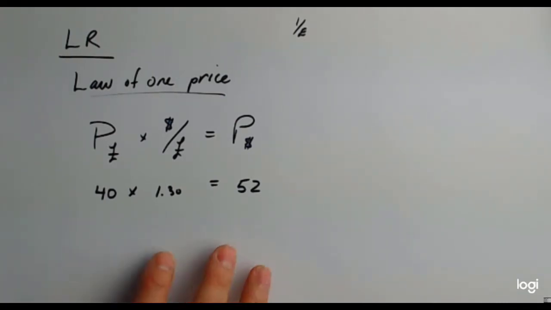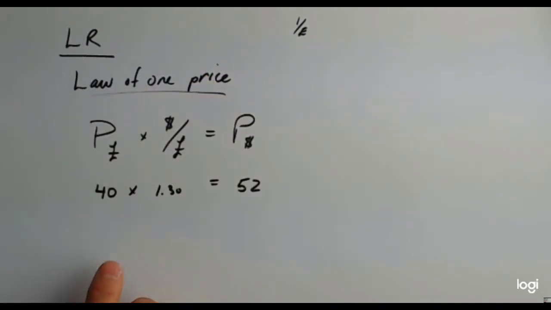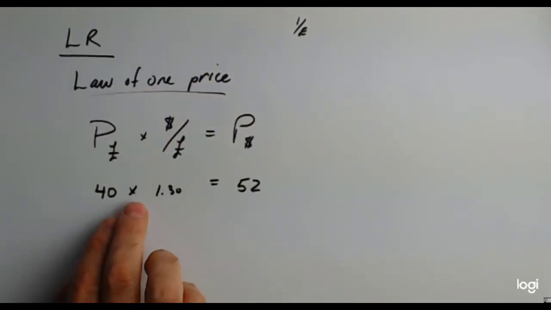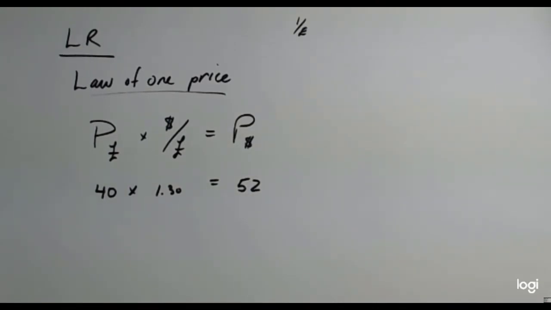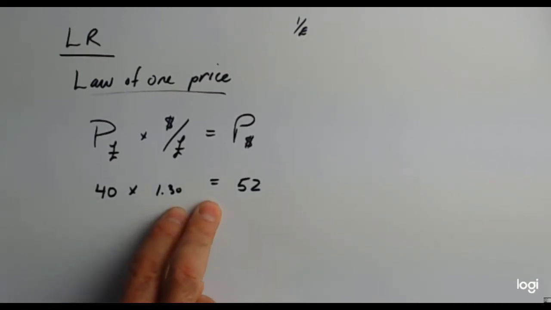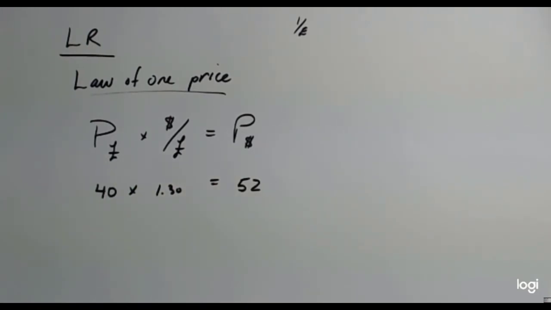And the reason for this theory, this law of one price is a theory, is if this didn't hold, what you could do is buy the shirts that are cheap in whatever country the shirts appear cheap, buy them and then export them to the country where they're expensive and sell them. And what you'd end up doing is by buying them in the cheap countries, you drive the price up in that country. And by selling them in the expensive country, you drive the price down to eventually equalizing so that there's one price for that good. And not just between two countries, but around the world.